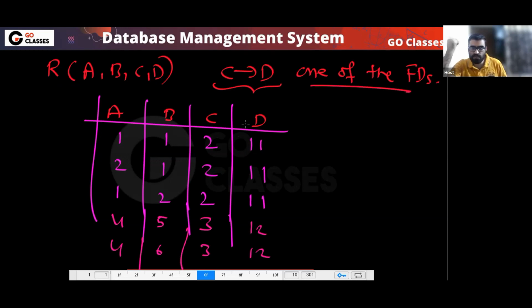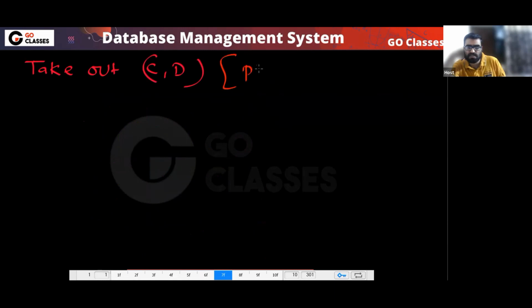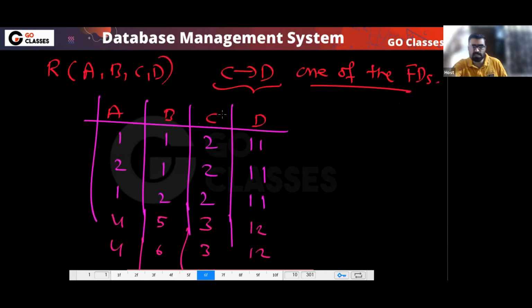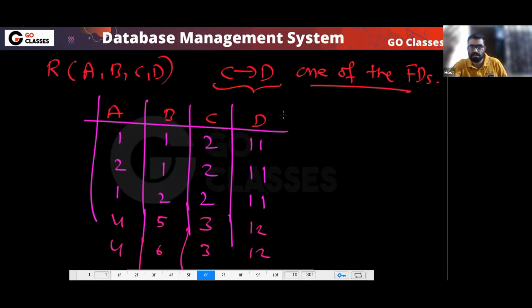Now I am asking, if you only project C comma D, if you take out only C comma D, this is called projection. We will see this. Basically, we are projecting C comma D, which means from this relation we are taking these two columns out.